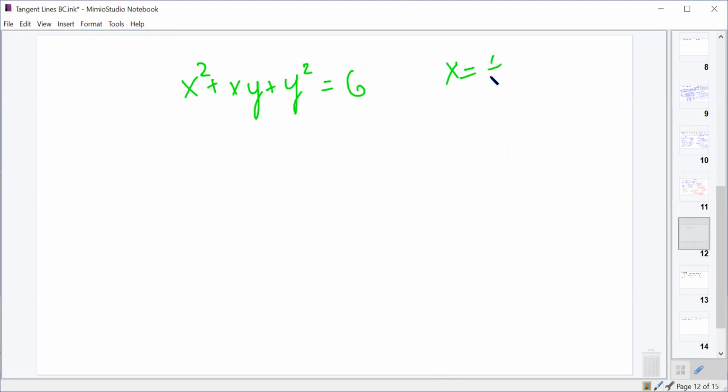And x equals plus or minus root 2. So if we put in positive root 2, that's going to become 2 plus y root 2 plus y squared equals 6. And then we'll have to solve that. How do we solve that?